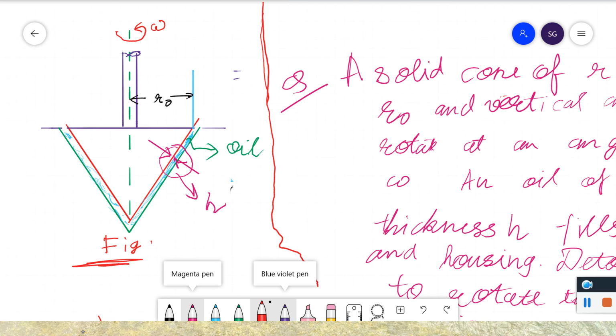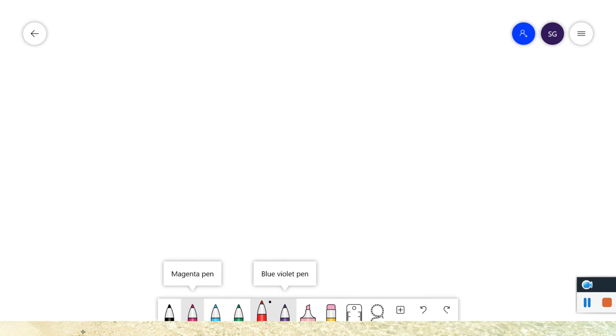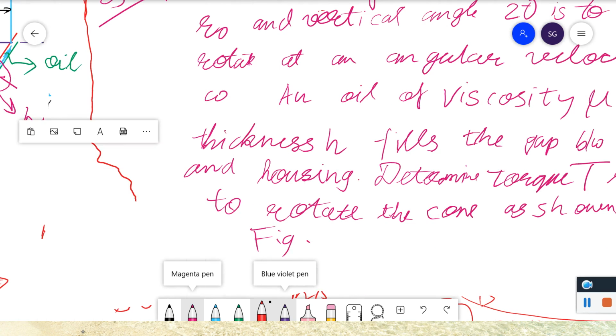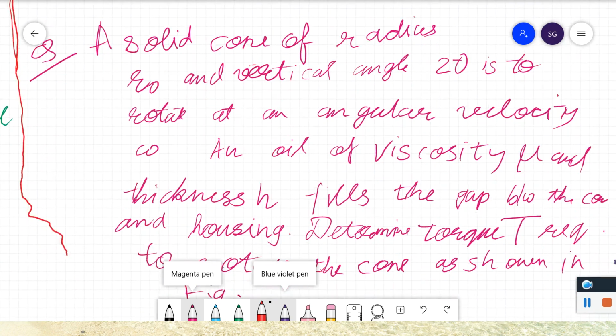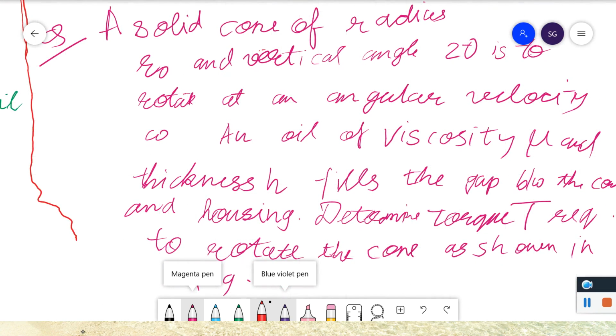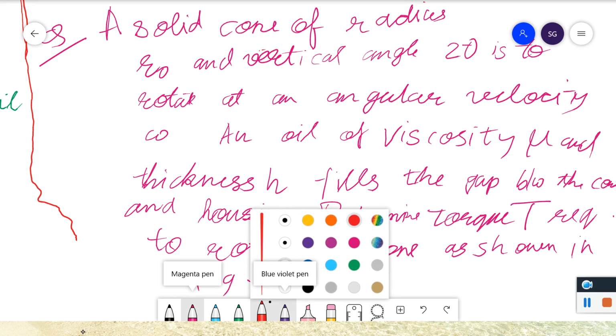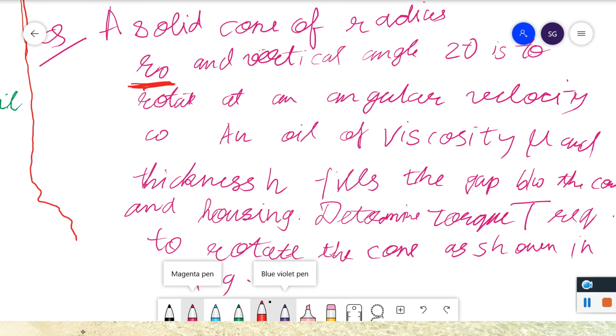this is the question. Again, the question is too big. I don't know why the screen is getting some disturbance. So basically what is given is that the radius is R naught. Just focus on this. Angle is 2 theta. This is theta.